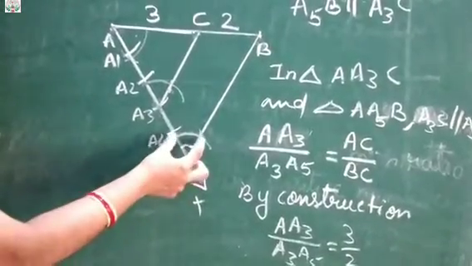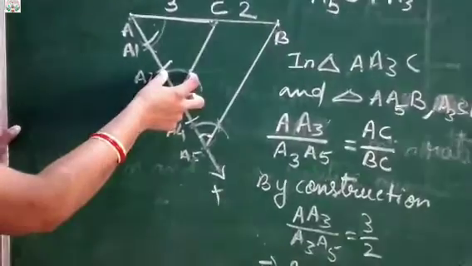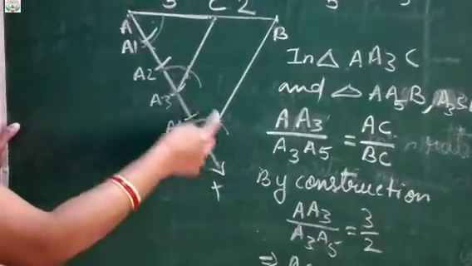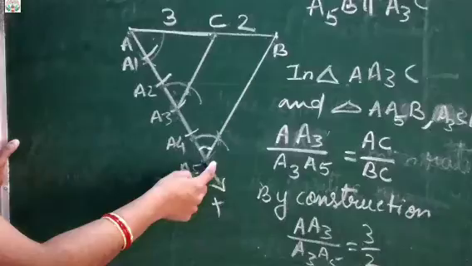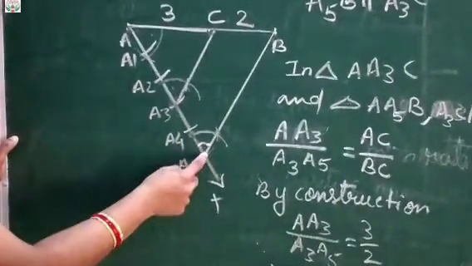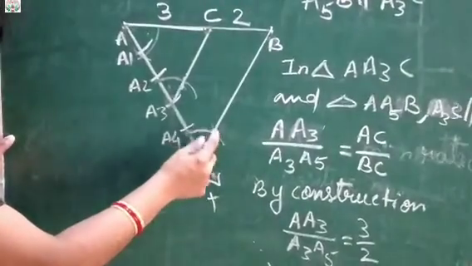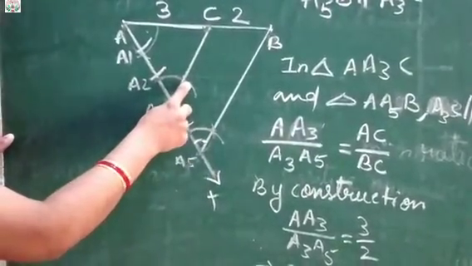So whatever the measurement of the angle at A5 is there, the same must be there at A3 also. Then only the lines will be drawn parallel. So in the steps of construction you have to write that. The third point will be: measure the angle of A5 and construct the same angle at A3.